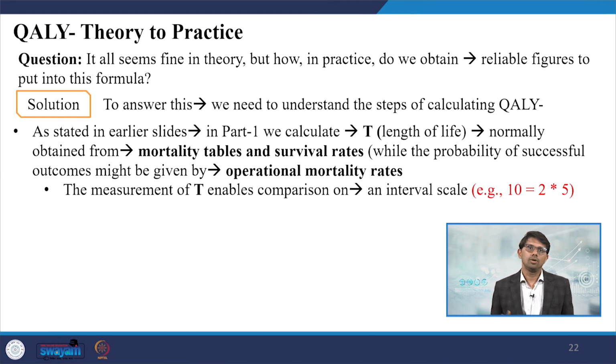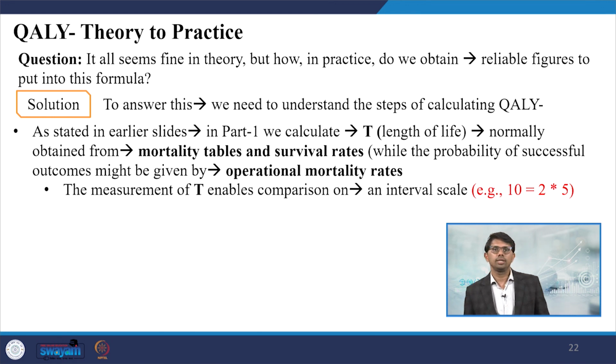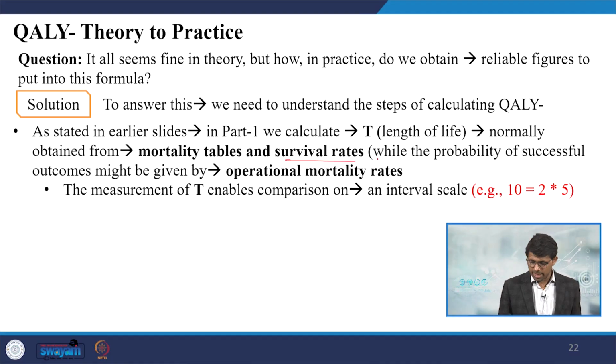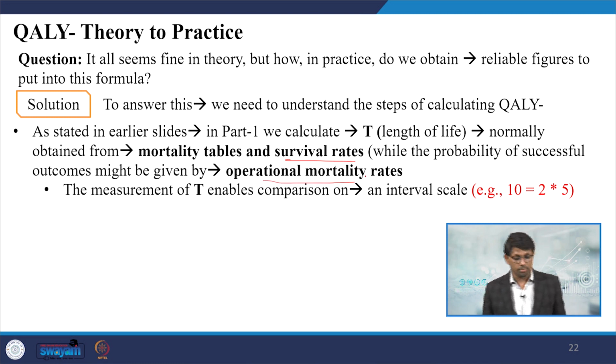As stated already in part 1, we calculated T, that is length of life, normally obtained from mortality tables or survival rates, while the probability of successful outcomes might be given by operational mortality rates. The measurement of T enables comparison on an interval scale, that is, 10 is 2 times 5.